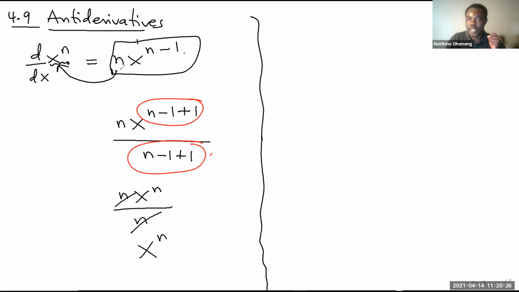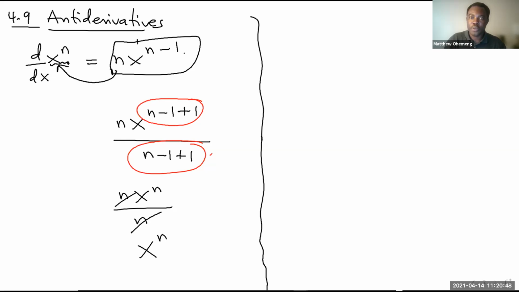You see, so what this says is, whenever you're going to get the antiderivative of a power function, ignore constants, just like how we did it for the derivative. Ignore the constants and focus on the power function. The way you get the antiderivative is always add 1 to the power and then divide by the result that you get.